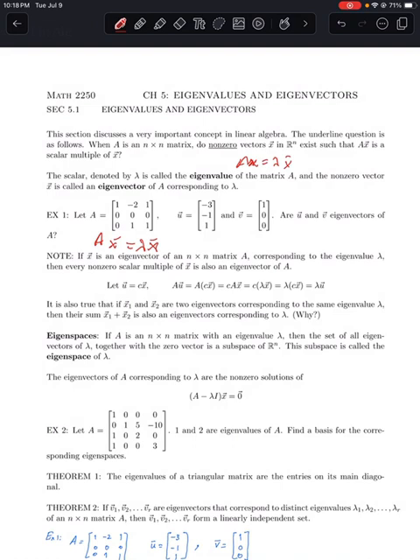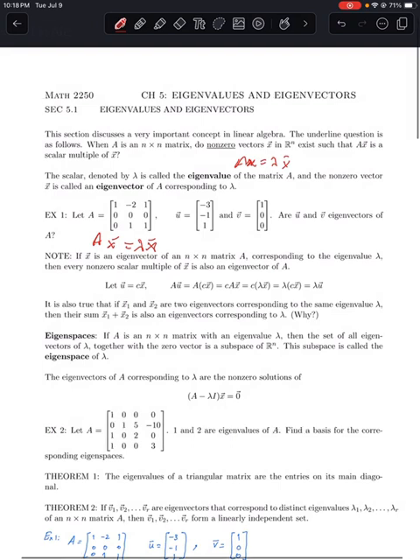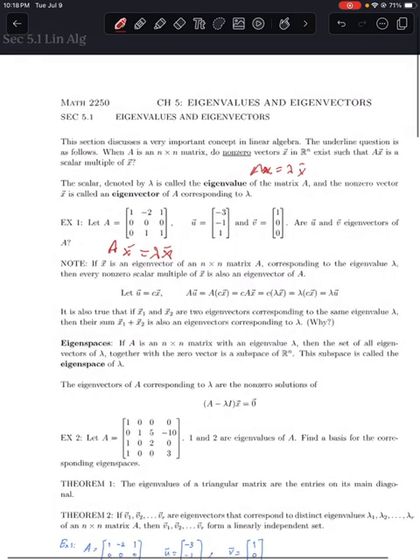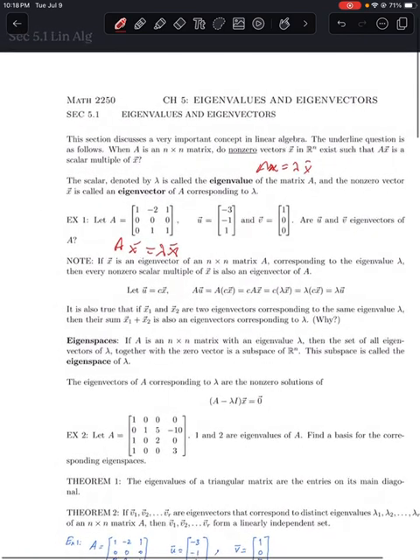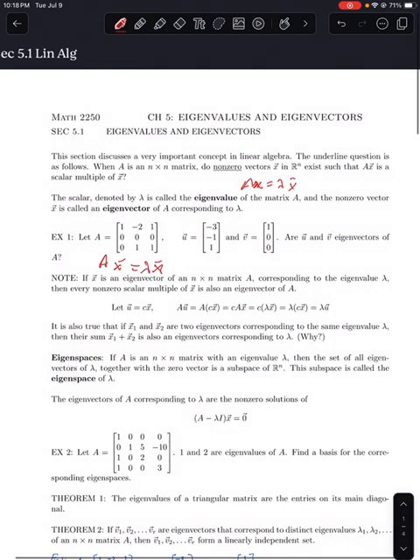Now remember this: if x is an eigenvector of a matrix A, and the corresponding eigenvalue is lambda, then every non-zero scalar multiple of x is also an eigenvector of A. This is a small theorem, and here is the proof. We know that A x is equal to lambda x.